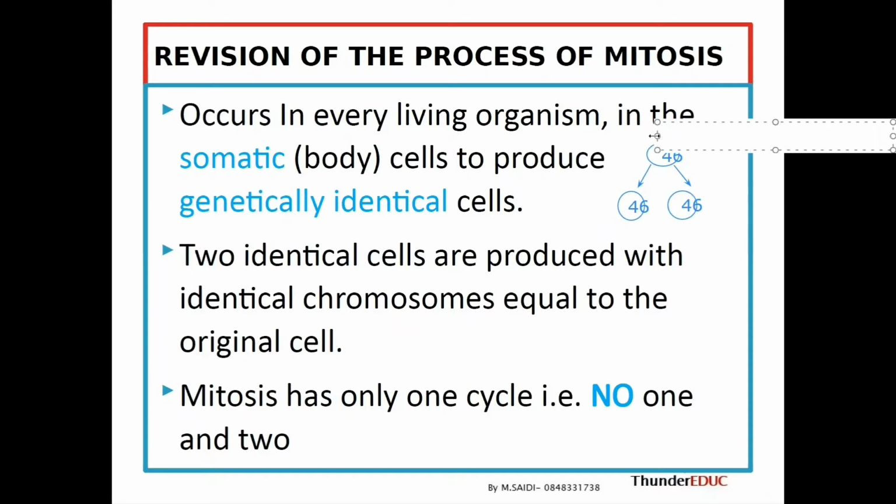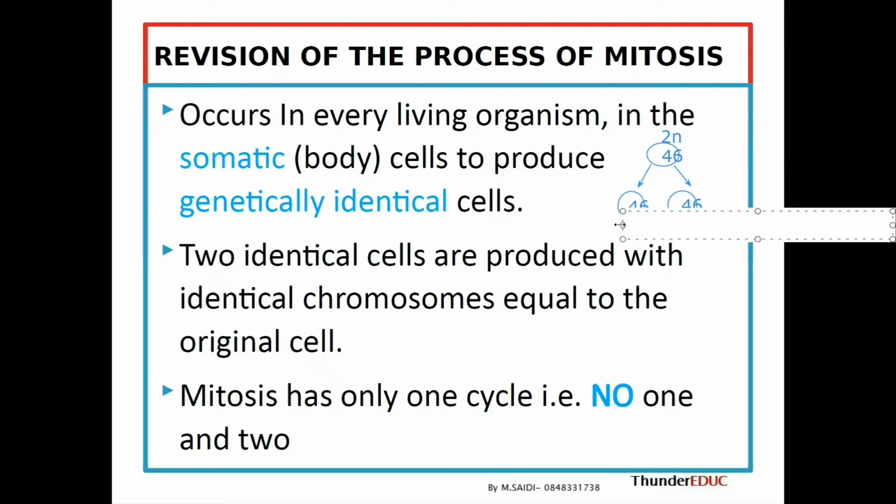That means if we had a diploid, it's a small letter n there. If we're having a diploid number of cells, even here it's still going to be a diploid number of cells, as well as here. So we're having those two n to two n to two n, unlike in meiosis whereby the original cell had 2n and then the daughter cells had haploid cells.